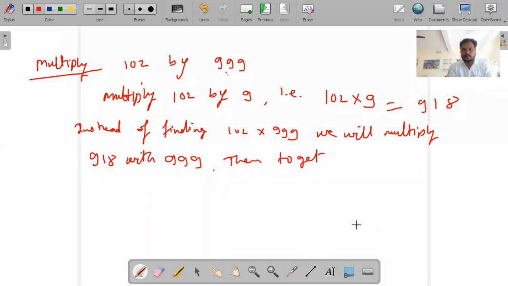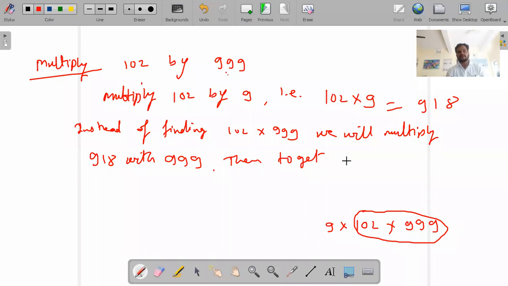Because what I am doing here, I am doing 102 into 999. If I multiply here by 9 and do the multiplication, then in the final answer also I have to divide to get the multiplication of these two numbers, right? Because I am doing multiplication and division, so I will get the original answer.